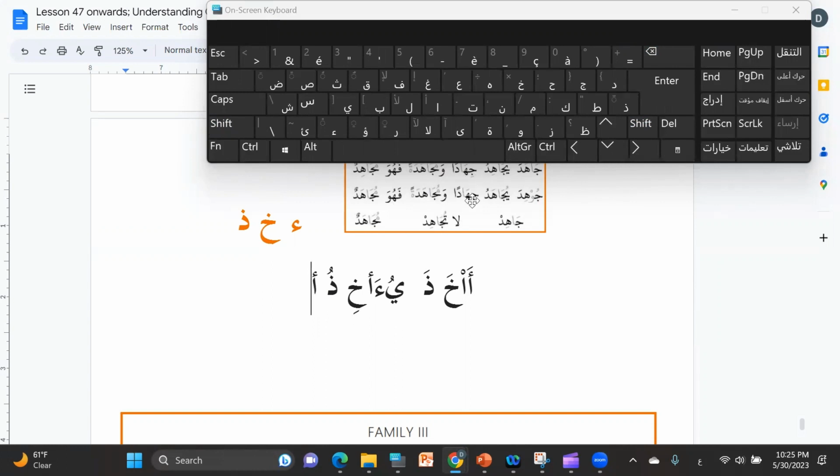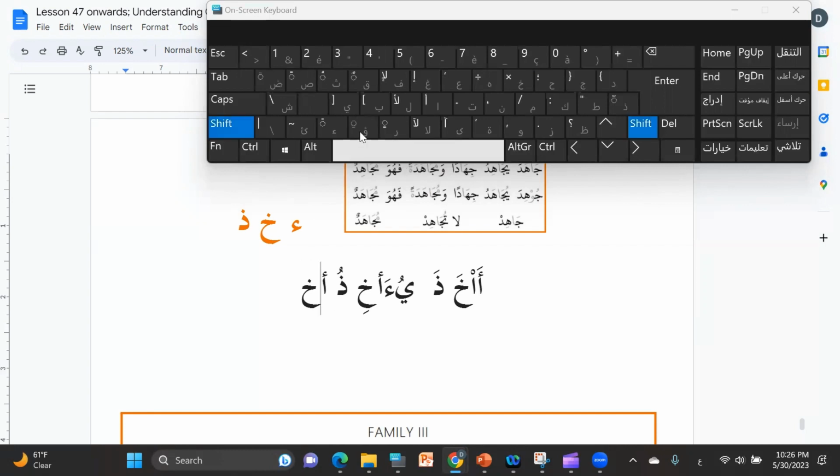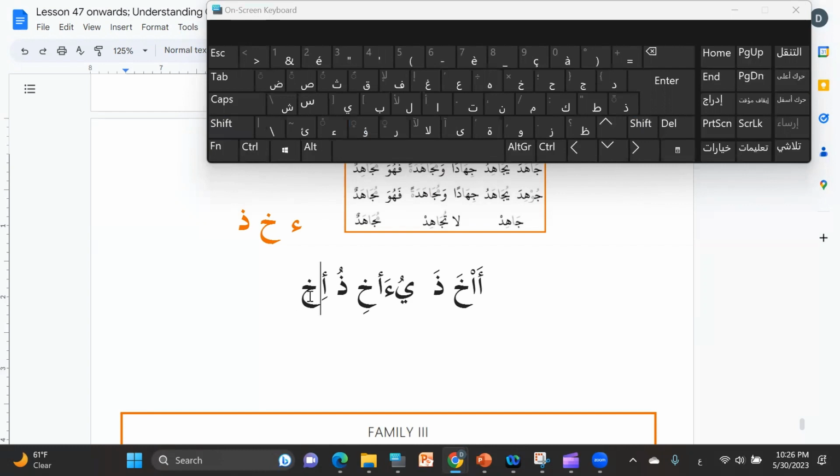Jihadan, akhaza: kha. Hamza has kasra over here, then kha is ain kalma, then alif from the pattern, and then the lam kalma, and we usually put two fatha over here.